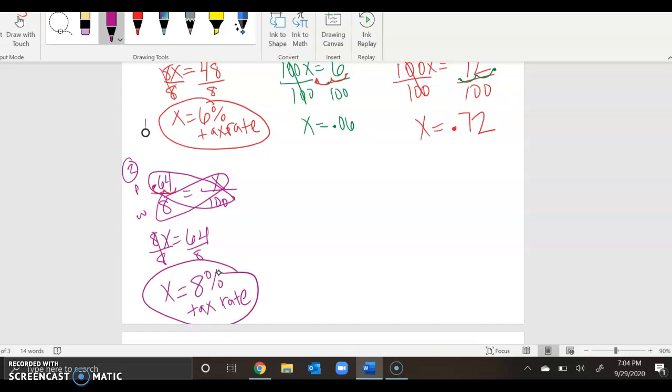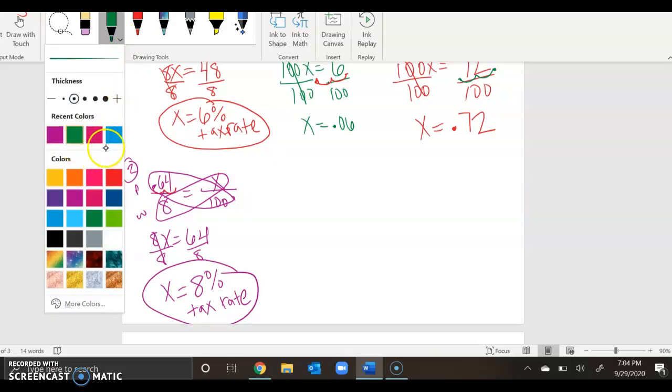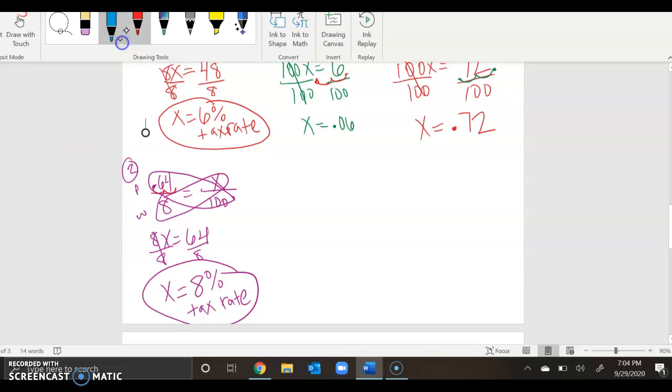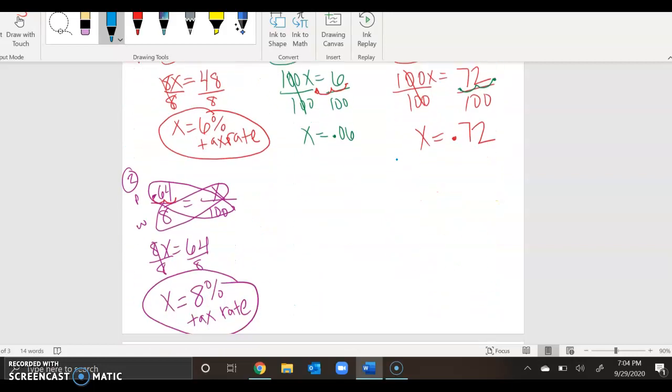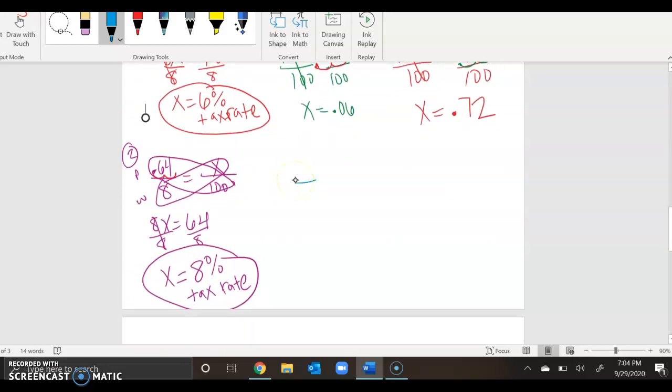So we're going to use that to fill in the missing pieces that are left in our table. So here, our pack of gum is $1 again, but now we have an 8% tax rate. So I'm going to use 8 out of 100. And then my whole, the cost of the gum is $1. X will be the part for the tax. Cross multiply, we have 100x and 8.